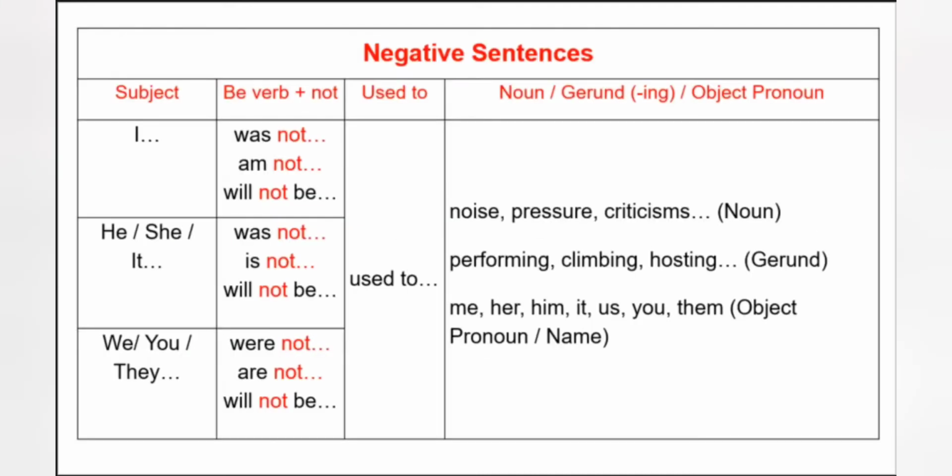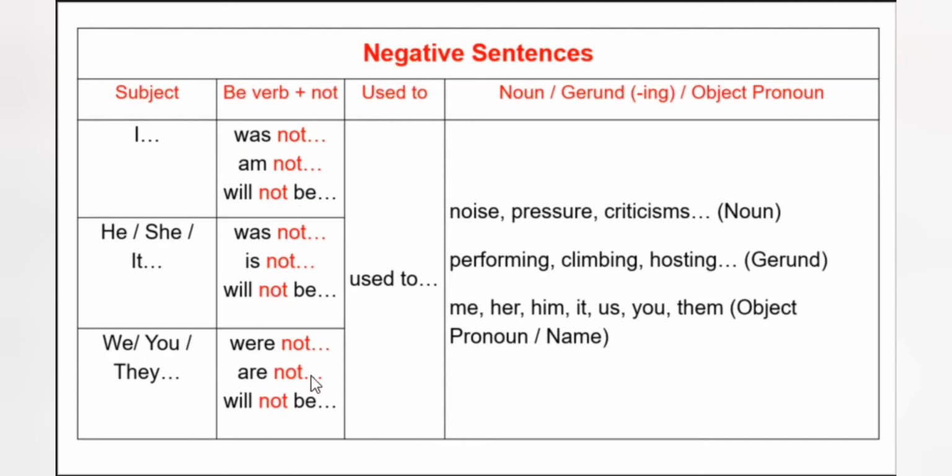How about making negative sentences using be used to? Same pa rin, no? Just the same. You just add the word not. Like I was not, I am not, I will not be.